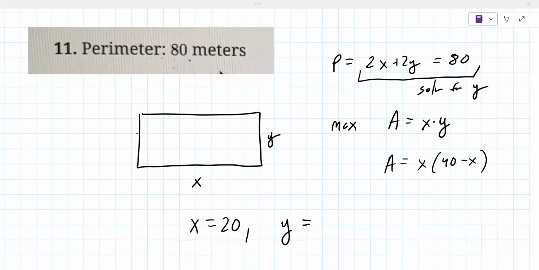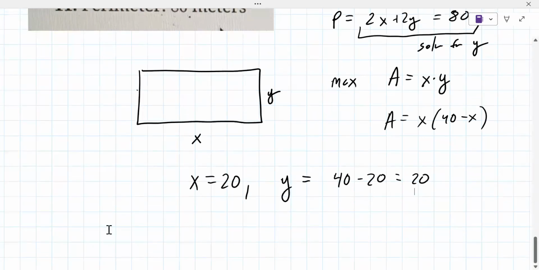You just said it, 40 minus 20. 20. Okay. So it is often the case that the answer is a square. Is that all right? Yep. Very good. Okay.